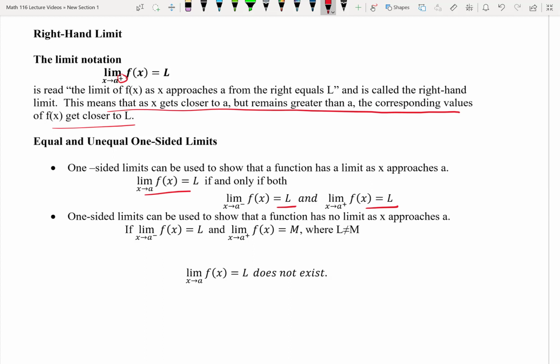So if the left-hand limit is L, but the right-hand limit is M, where L and M are two different numbers, then we would say the two-sided limit does not exist. So again, if the left and right-hand limits are the same, the two-sided limit will exist and it will be that value. If the one-sided limits are not the same, then the two-sided limit will not exist.